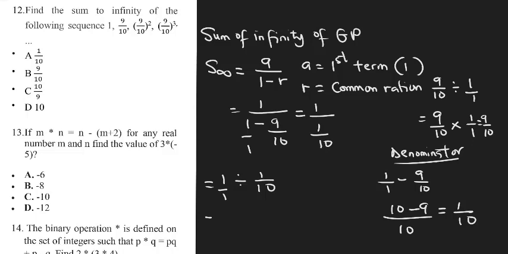If you take the reciprocal, it's going to be 1 over 1 times, change this one to times, and this one will turn upside down, so it will now be 10 over 1. It's the same thing as 10 times 1 is 10 over 1 times 1 is 1, and 10 over 1 is the same thing as 10. So the answer is 10. From our options, the answer is D. Good. Let's move to the next question.